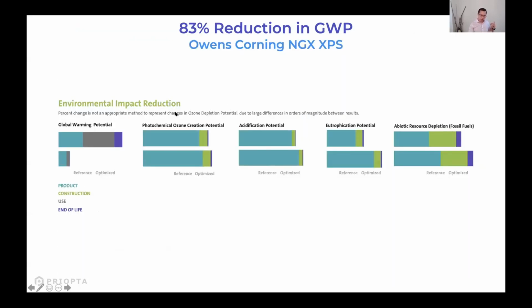Now, it's great that there's a new batch of products coming out. So if you have to use XPS or spray foam on your projects, I strongly, strongly recommend you specify that you want the lower global warming potential blowing agents. For Owens Corning, when they released their NGX EPD, they showed, I believe, an 83% reduction in GWP.